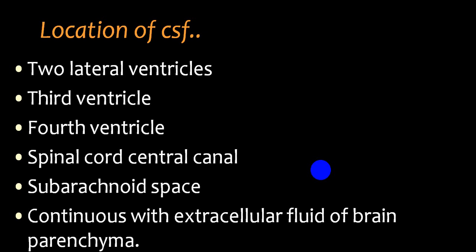Then the third ventricle, through the aqueduct of Sylvius, is connected to the fourth ventricle. The fourth ventricle has two lateral openings called foramen of Luschka and a central opening called foramen of Magendie. It opens into the subarachnoid space and cisterna. In continuity in the spinal cord it is the central canal, and it opens into the subarachnoid space which surrounds the cerebral hemisphere as well as the spinal cord.